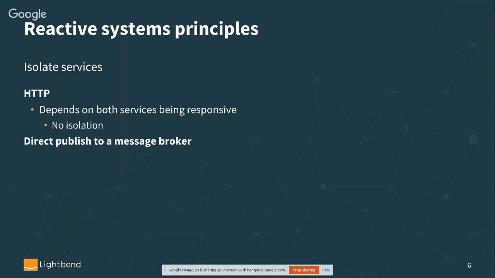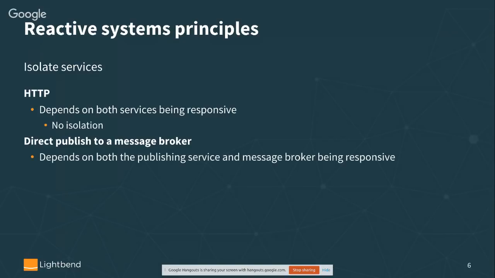So you might think, well, we'll use a message broker to communicate between services, and that's a good idea. And so as part of your operation, you might update some state in your local database and then publish a message to a message broker.